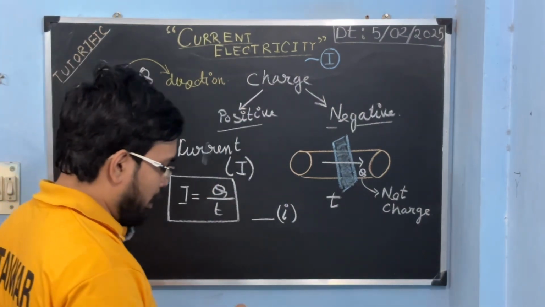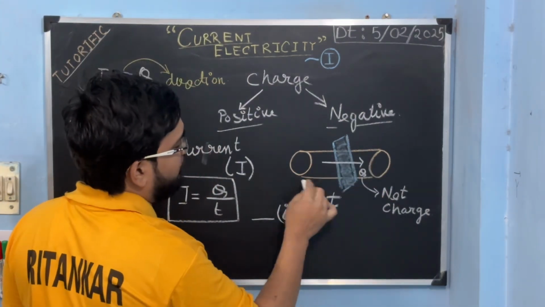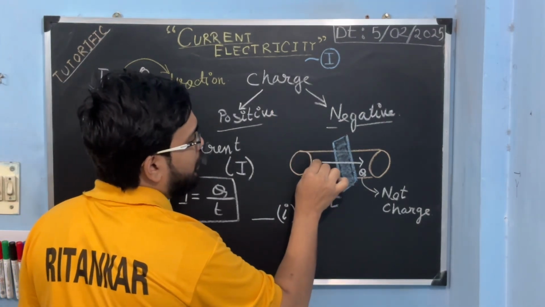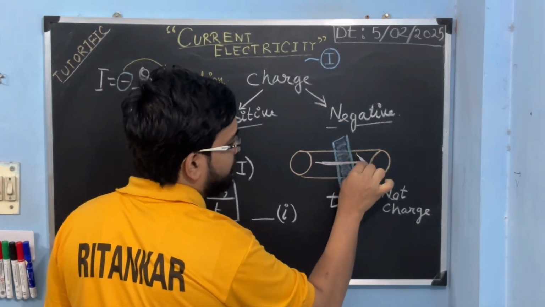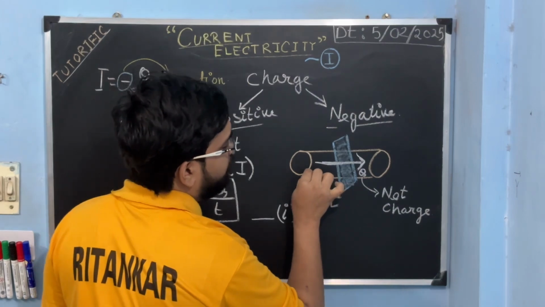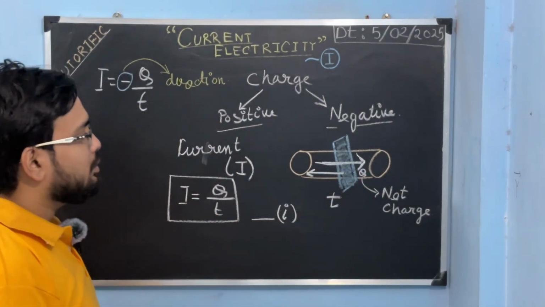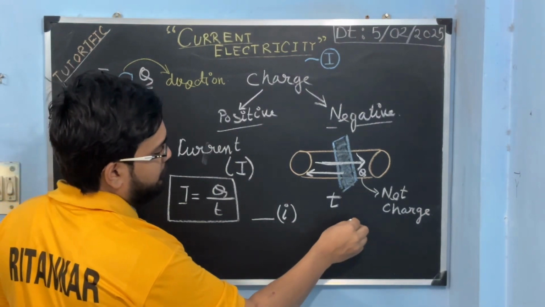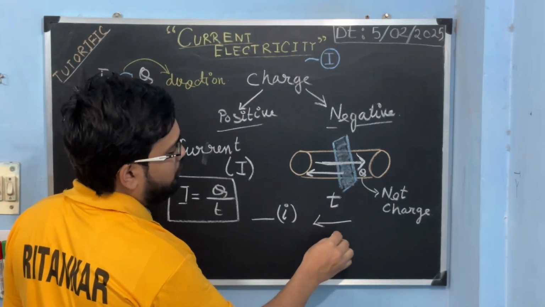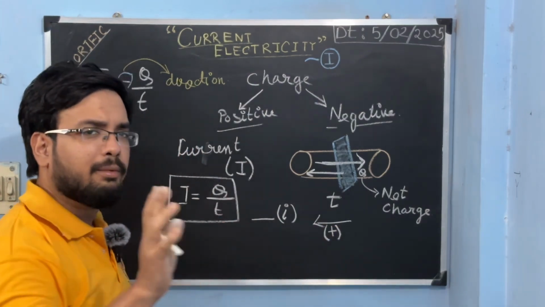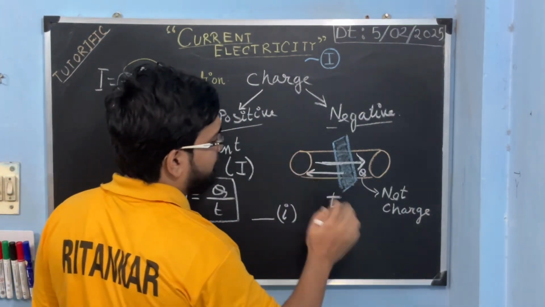If you consider this conductor, there are two possible directions of flow of current. Either current may flow along this direction or along the other direction. Suppose I arbitrarily take the left hand side to be positive.